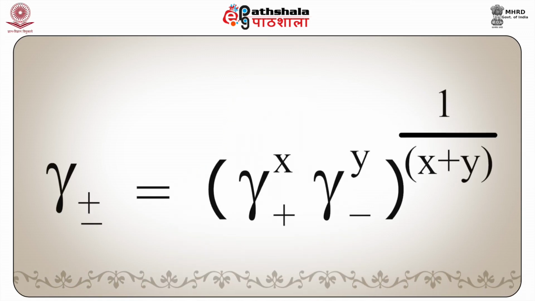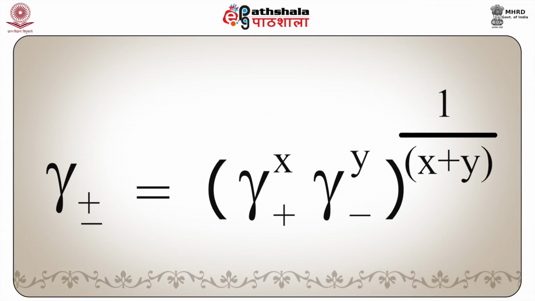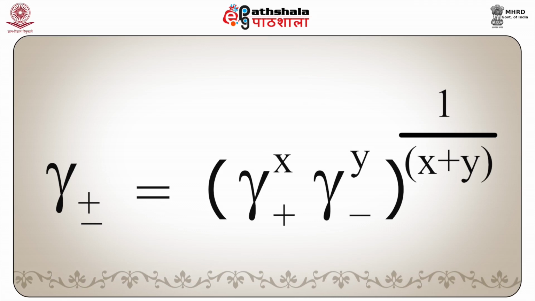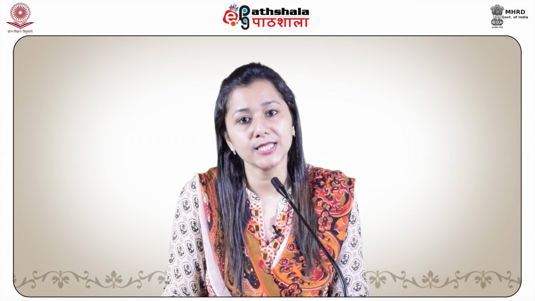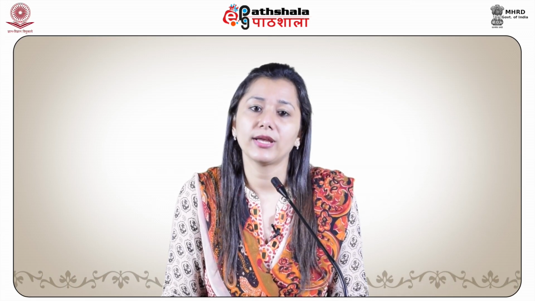Mean ionic activity coefficient gamma plus minus is equal to gamma plus to the power x into gamma minus to the power y, whole raised to power 1 upon x plus y. We measure activity through experiments such as by measuring colligative properties, which include osmotic pressure, depression in freezing point, etc.